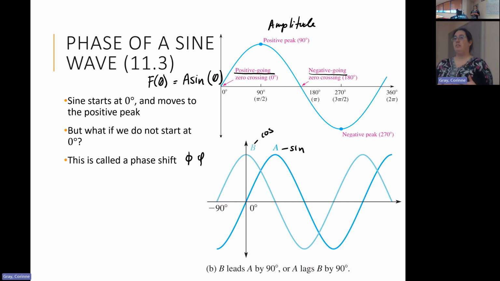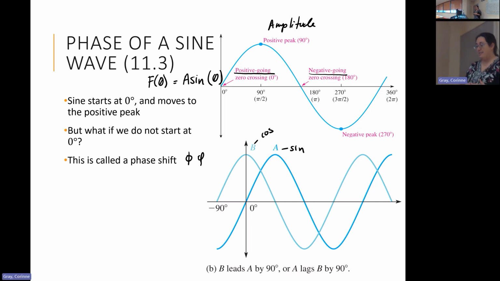It is starting 90 degrees ahead of A. So it's starting at cosine instead of sine. If we were focusing on A, given stuff about B, we would say that A lags B by 90 degrees.